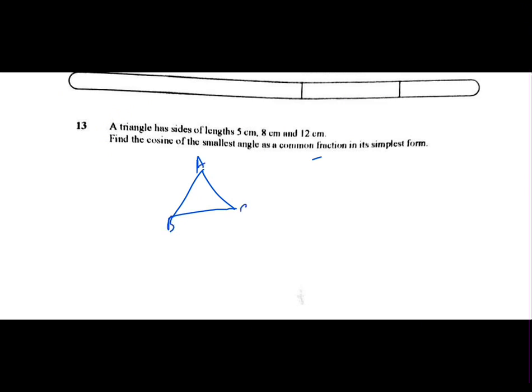Give the angles letters A, B, and C. The side opposite A is the small letter a. So in order to find the cosine, the angle which is the smallest is the one opposite the smallest side. The smallest side is 5, so the angle there would be C in our diagram. It can be any letter on your diagram.